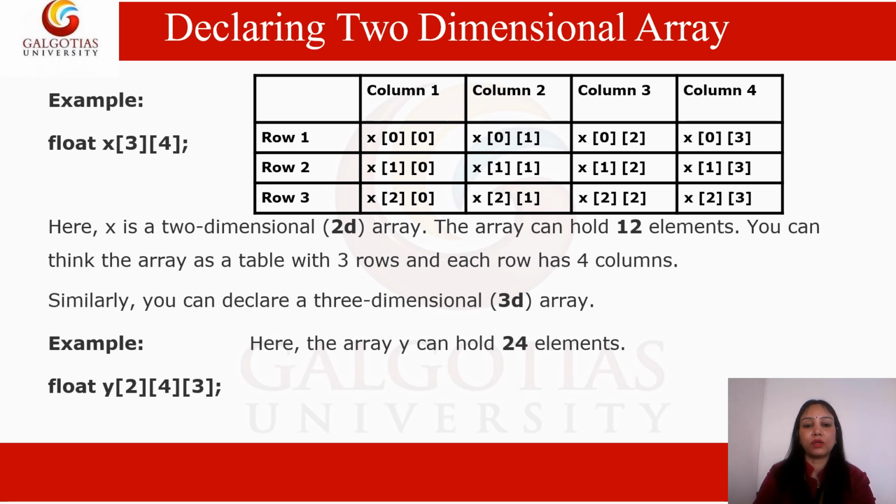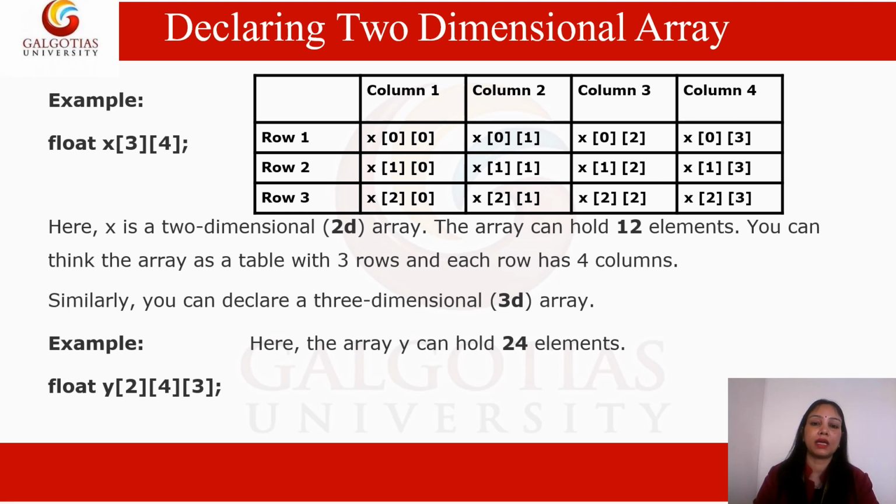So similarly you can declare a three-dimensional array also. We call it a 3D array, and here the array y can hold 24 elements because we have written float y 2 4 3. 3D means x, y, z, the 3D plane we discuss in mathematics, so similarly one axis is added here.